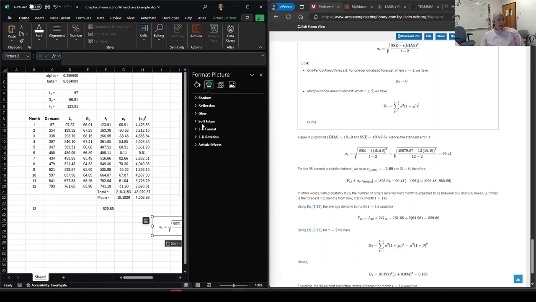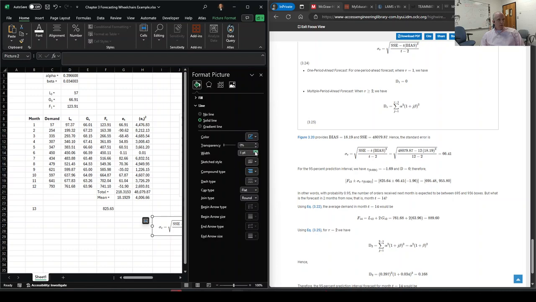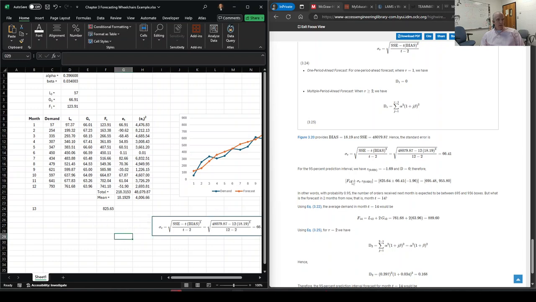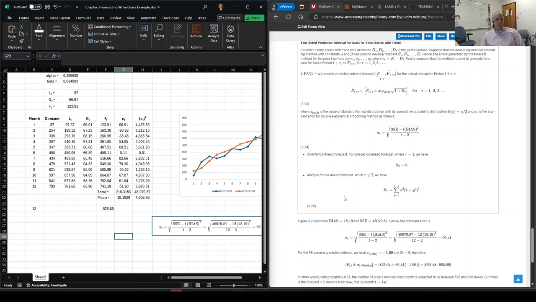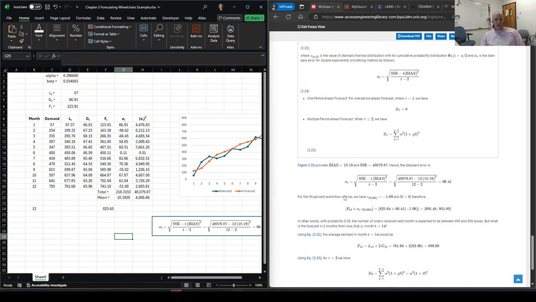And then I like to go in here and provide the border. Here's my border. And let's do this calculation. So what we need is the bias and the SSE. Let's calculate those. The bias, if we remember, is going to be the average error.